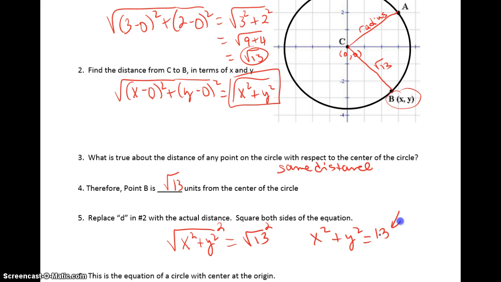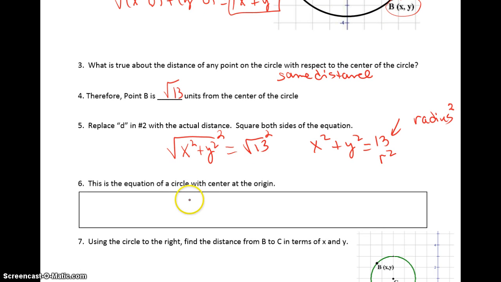I want you to notice what the 13 represents. It's not exactly the radius, because our radius was the square root of 13, and the way we got rid of the square root was we squared it. So this will always be r squared. So the equation of the circle, if the center is at 0, 0, is x squared plus y squared equals r squared.